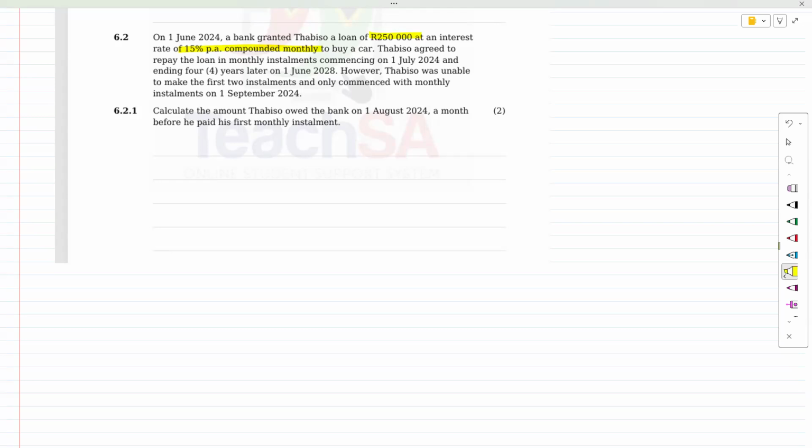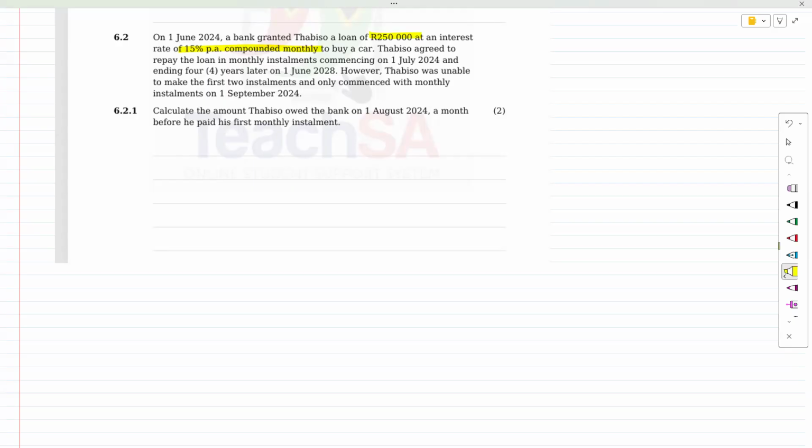However, Tabiso was unable to make the first 2 installments and only commenced with the monthly installments on the 1st of September. Calculate the amount Tabiso owed the bank on the 1st of August 2024.